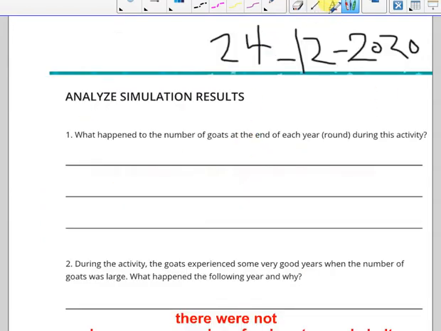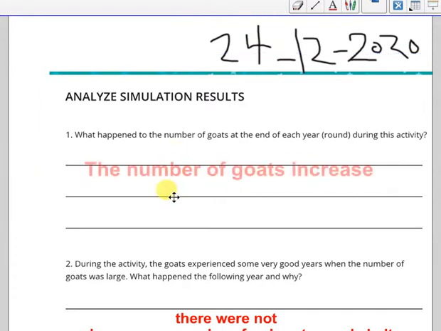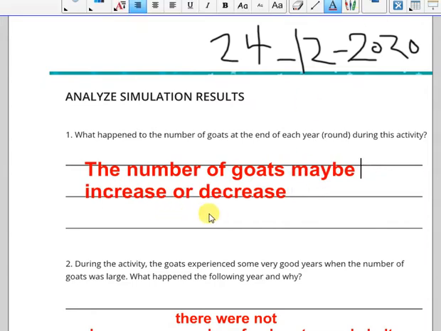The number of goats at the end of each year may increase or may decrease, right?